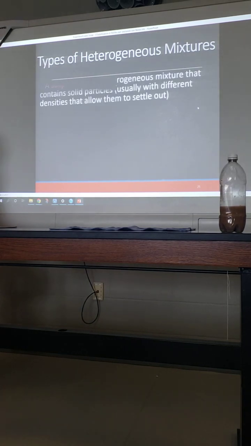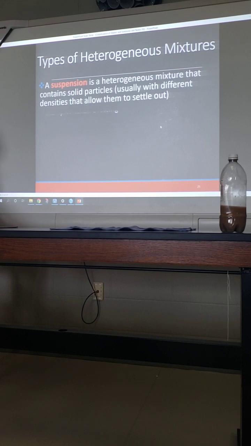Right? And finally, a suspension is a heterogeneous mixture. So solution is homogeneous, everything's the same throughout. A suspension is heterogeneous, where you can see obvious differences. Usually it's going to be a solid mixed with a liquid. So it could be your ice water situation.